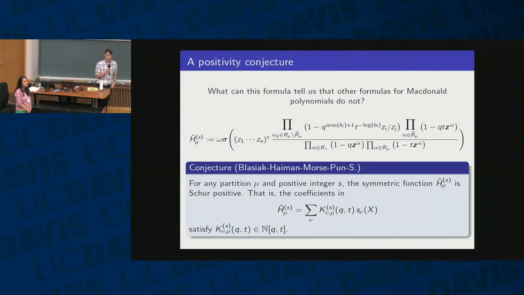Sorry, can you repeat that? Butler conjecture. Yeah, so there's some fascinating type Butler things that are potentially going on, but it's hard to say because the degrees of these polynomials are s times the size of mu, but you still only have as many as the partitions of the size of mu.